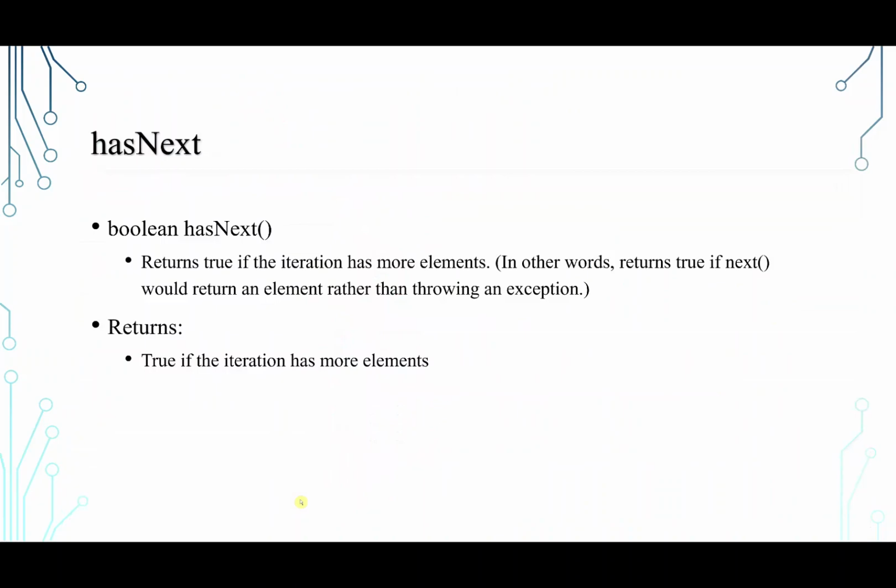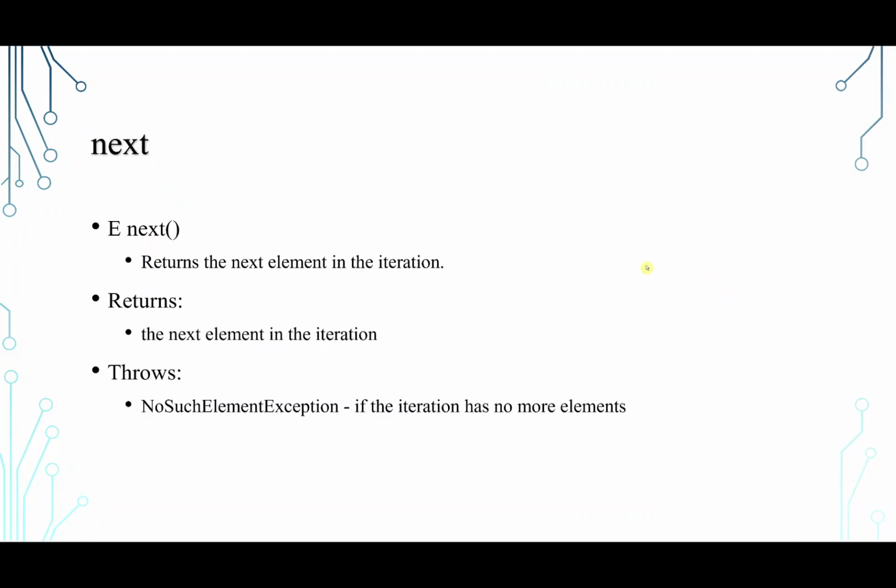So hasNext returns a boolean. It returns true if the iteration has more elements, false if there are no more elements. So in other words, it returns true if the next function would return an element rather than throwing an error or returning null. So next is returning the next element in the iteration.